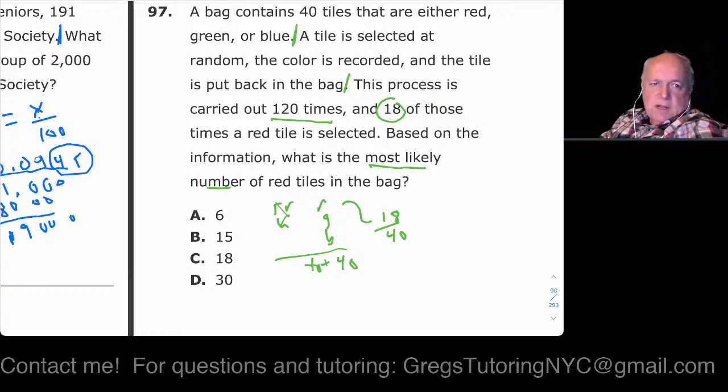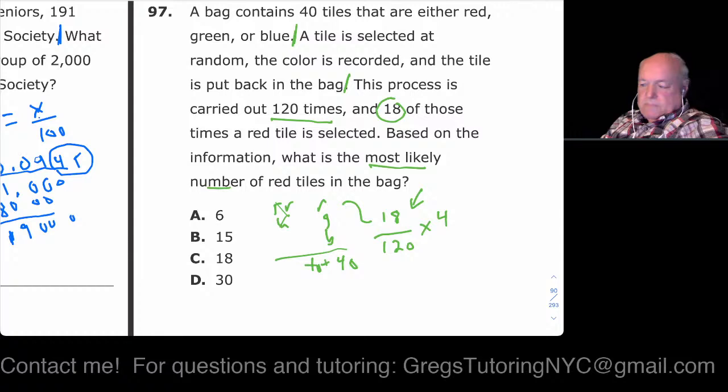It's 18 out of the 120 experiments. What we're going to do to figure this out is find the experimental percent. If we divide 120 into 18, we get the percent. What we want to know is that percent out of 40, so out of 40 means times 40.